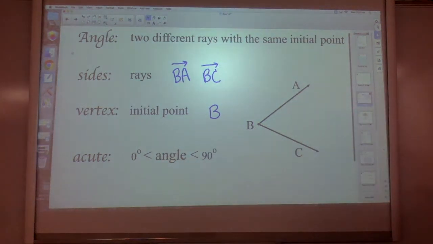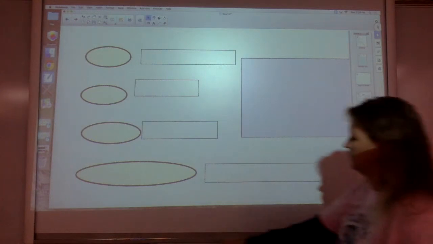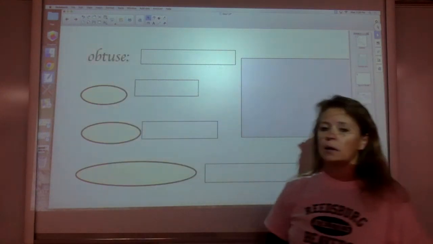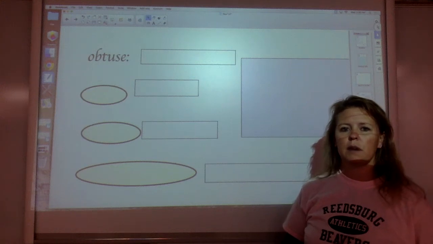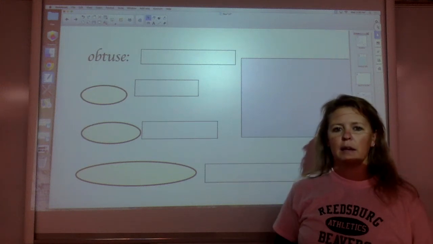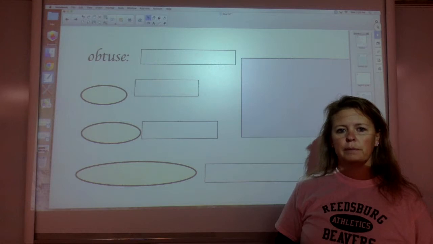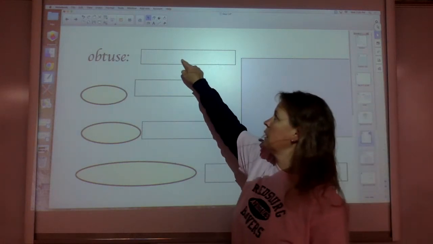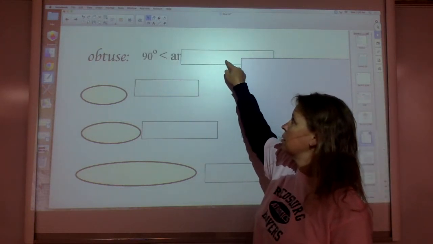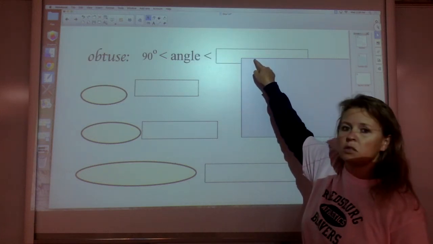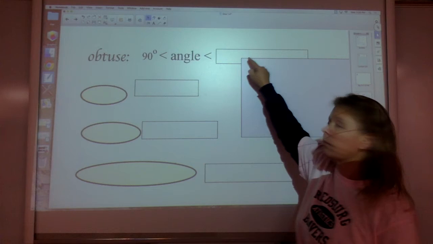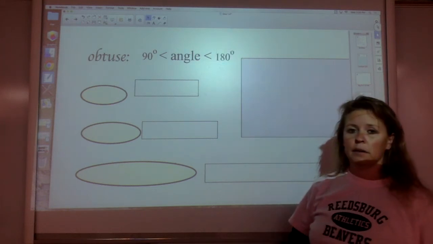Which also means that if we talk about an obtuse angle, you might remember that obtuse means big, and you've always been taught that an obtuse angle is bigger than 90 degrees. Half true. Obtuse angles are larger than 90 degrees. But it's also smaller than 180 degrees.